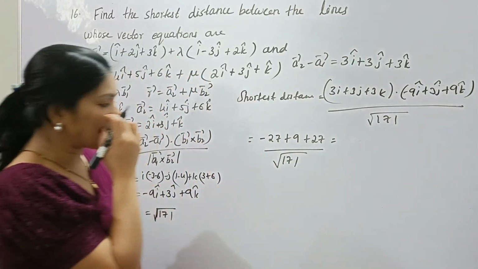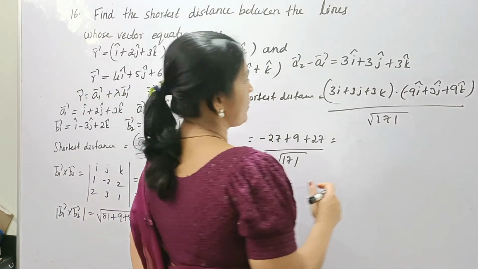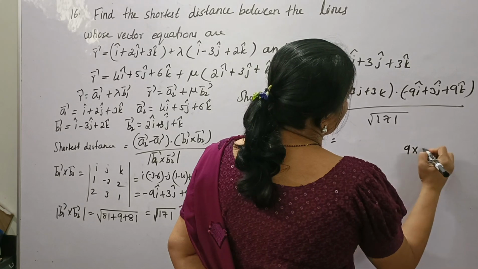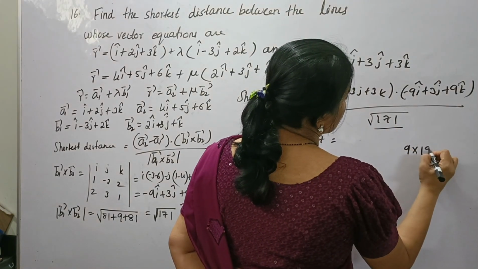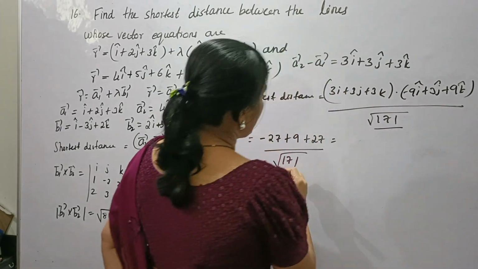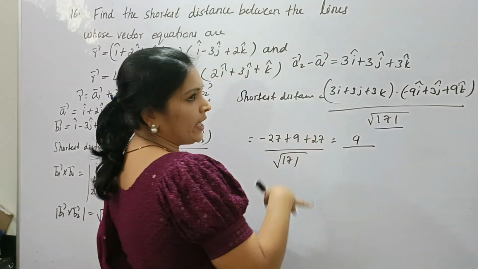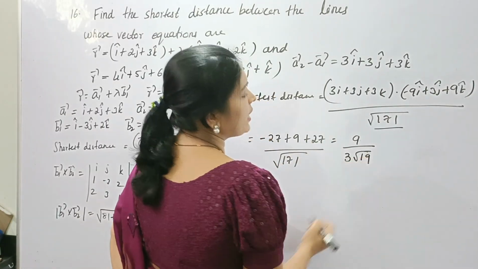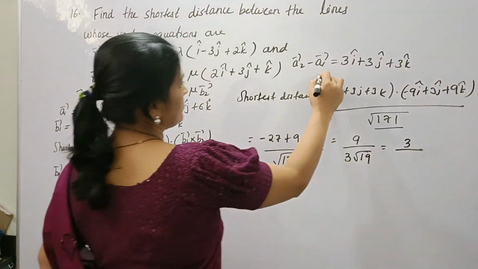See, root of 171 can be written as 9 into 19, right? Yes. 9 into 19. Okay. So here when we take 9 outside, it will be 3 root 19. Okay. 3 root 19. That is equal to 3 divided by root 19.